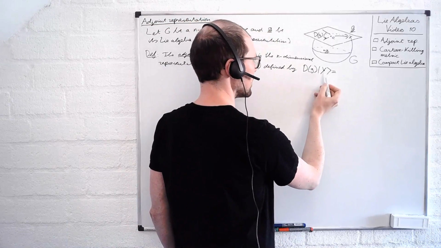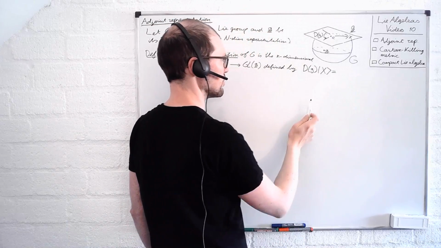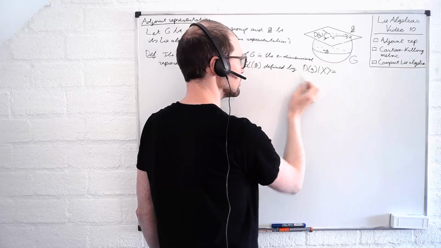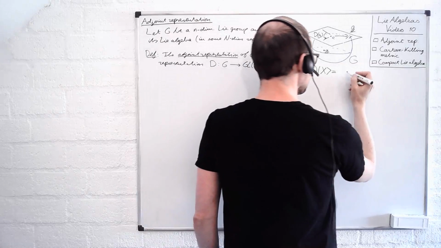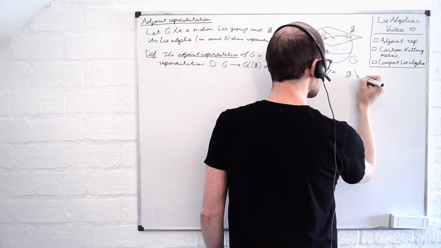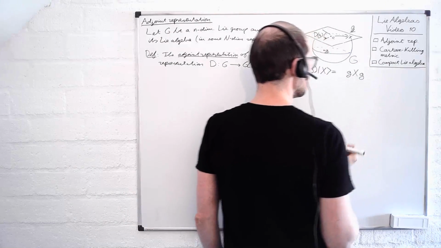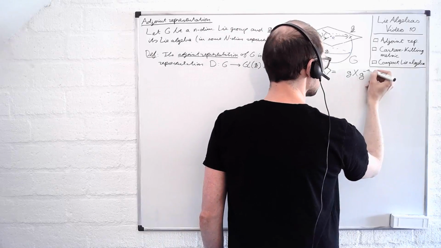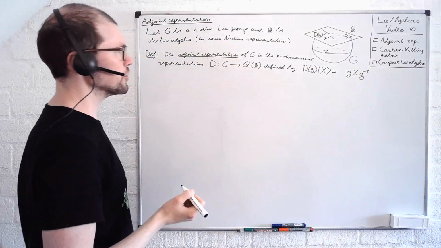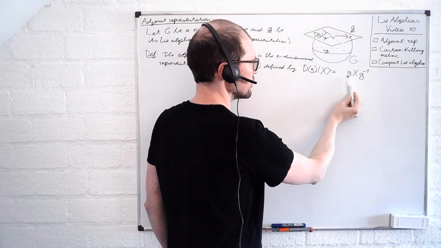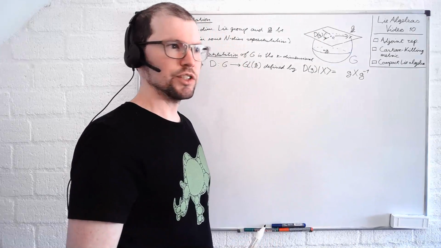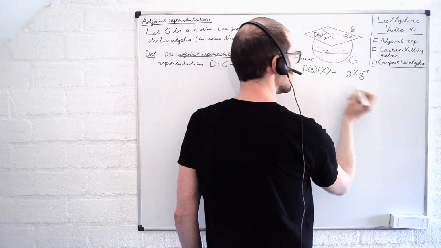We view this x as just parameterizing some state, and the action of the adjoint representation on the state is going to be given by taking the conjugation of this matrix x by the matrices associated to g and g inverse.